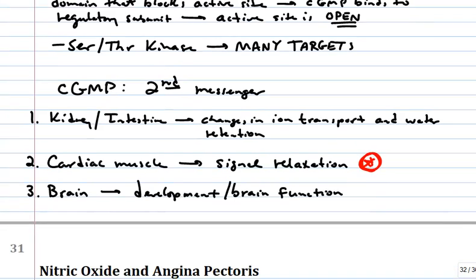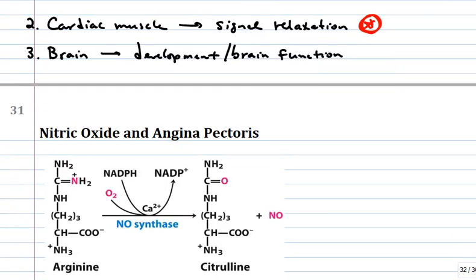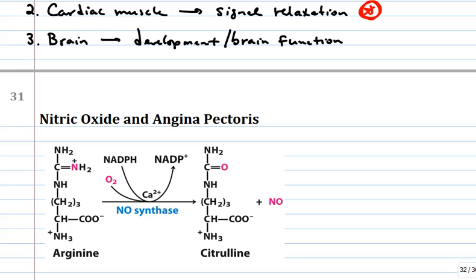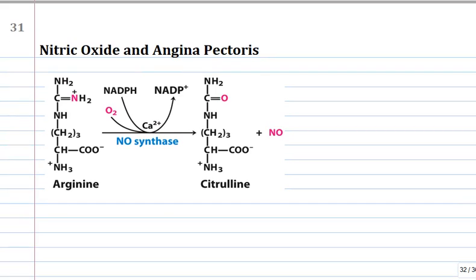So let's talk about nitric oxide activated guanylyl cyclases. And to talk about that, we have to talk about nitric oxide. It's a very small molecule, an important molecule, and it's involved in signaling. And so how do we make nitric oxide?